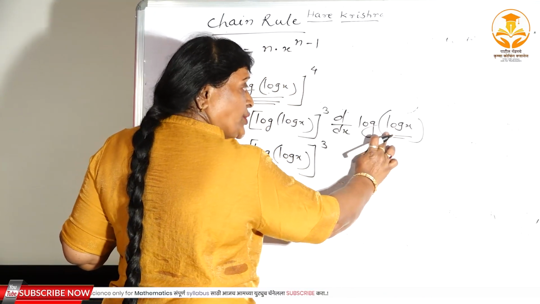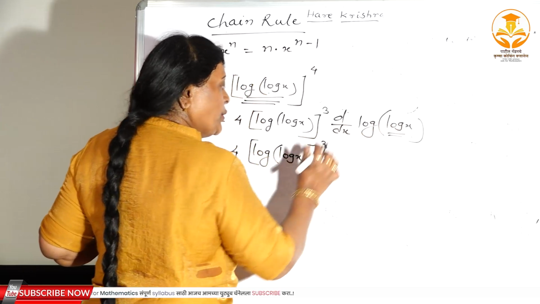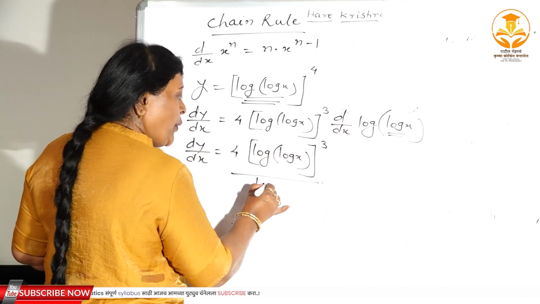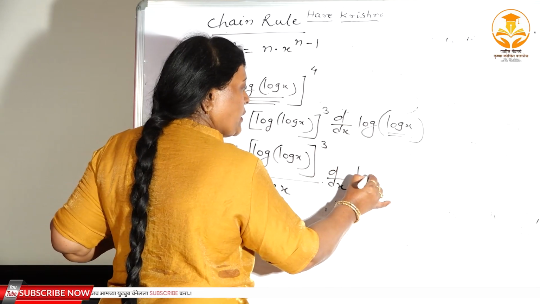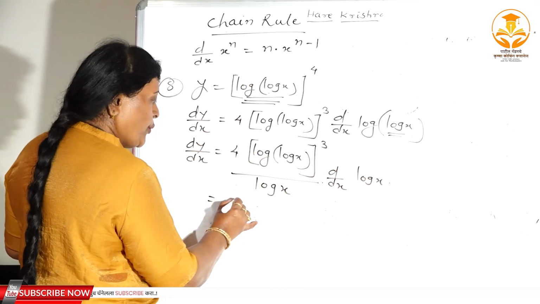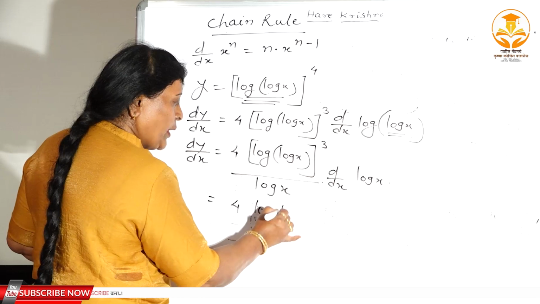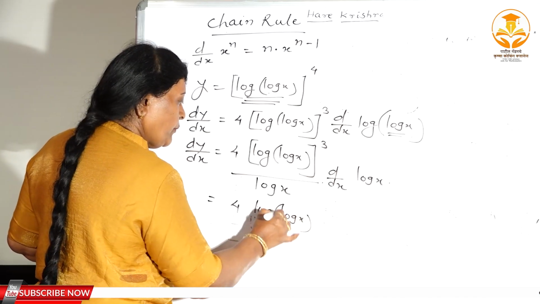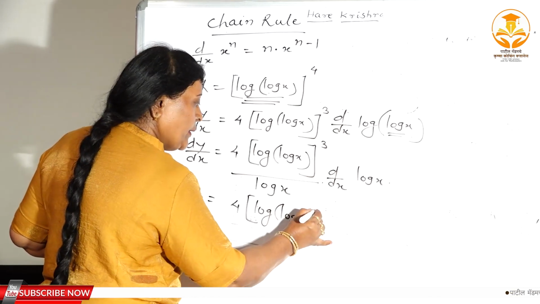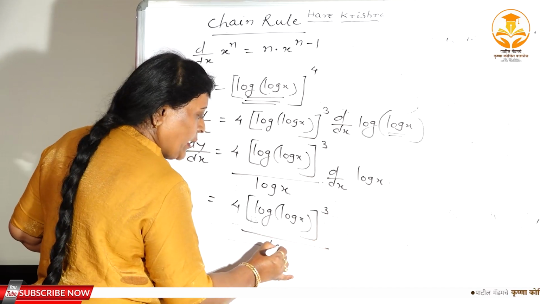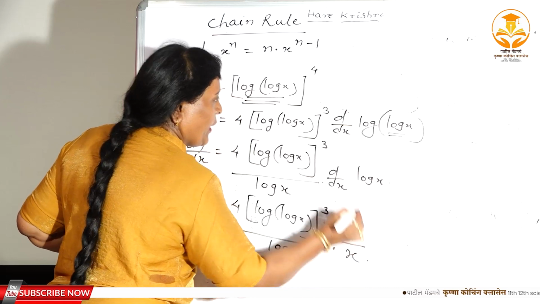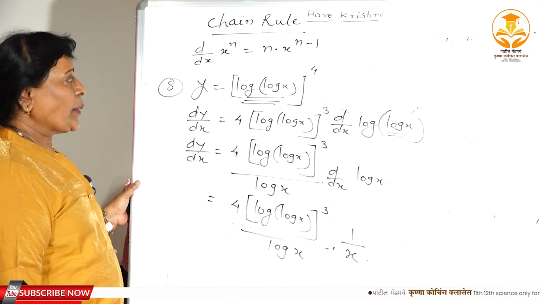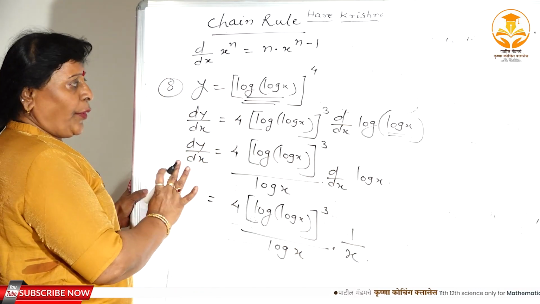The derivative of log u is 1 by u, which means 1 upon log x, right? Again you have to take d dx of log x. Here 4 log of log x whole to the power 3 divided by log x, and what is the derivative of log x? That is 1 by x. This is about the power formula and this is about the problems, right?